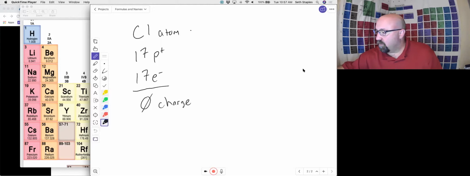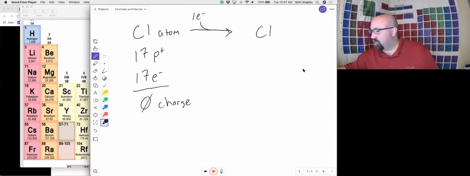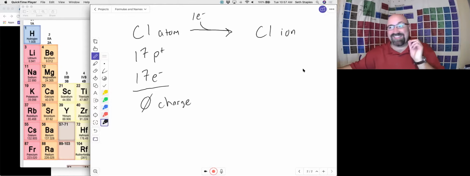What chlorine is going to do, and we'll talk about how to figure out what an atom is probably going to do as it forms an ion in a little bit, is pick up one electron. It's going to gain an electron as it becomes a chlorine ion. It's still chlorine. That has not changed. Since it is still chlorine, it still has 17 protons.